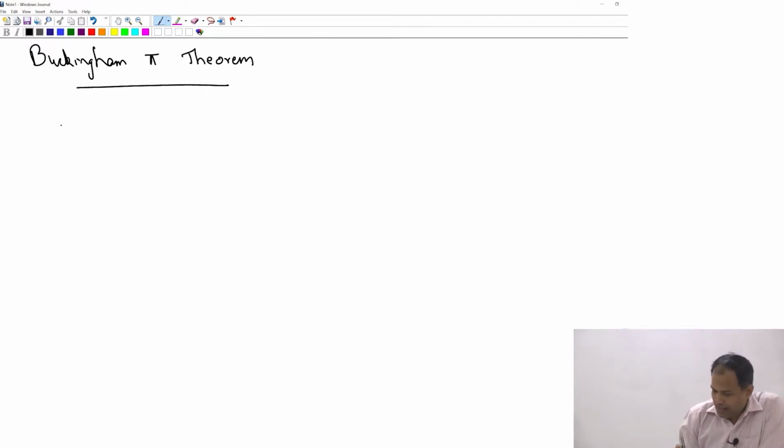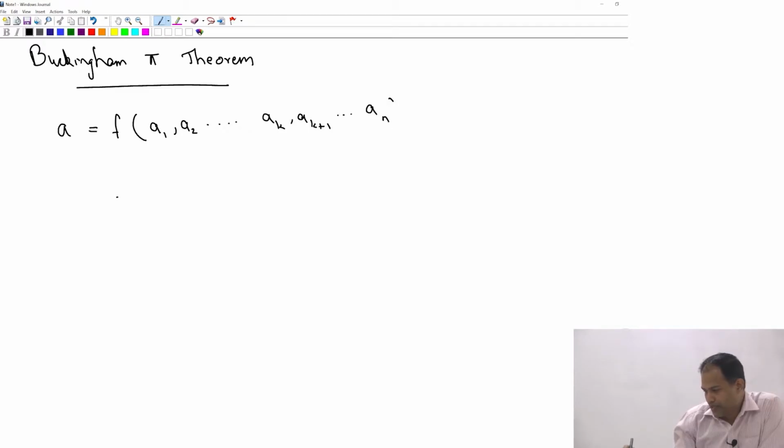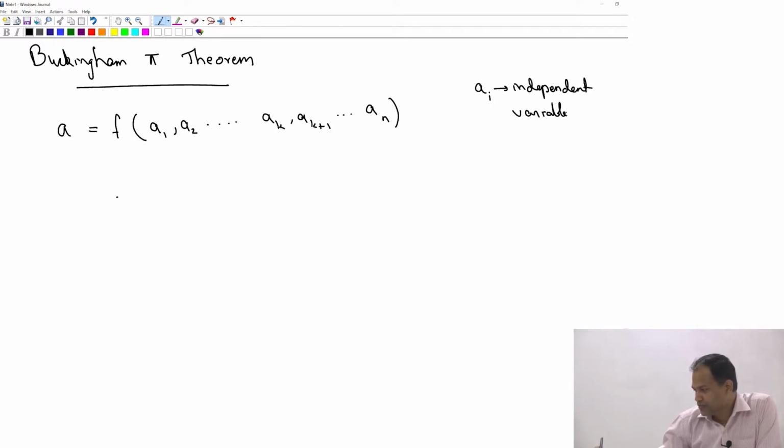Let's say that A is a function of A1, A2, etc., AK plus 1, etc., AN, where the Ai are all the independent variables in the system, and A is the dependent variable.